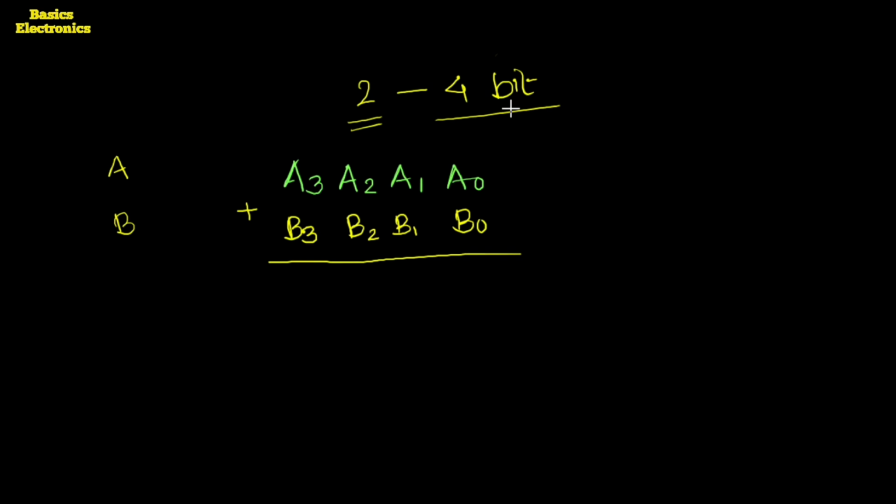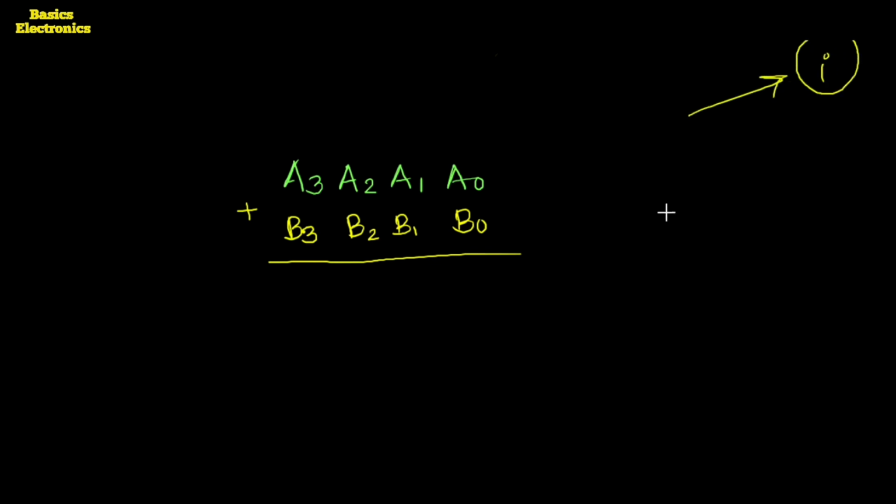Now how can the addition be done? The addition can be done by using two circuits which we had seen in the last video lectures. If you have not seen those video lectures, I will provide the link in the card here, or I will put the link in the description box.